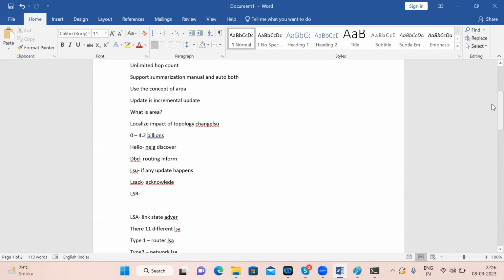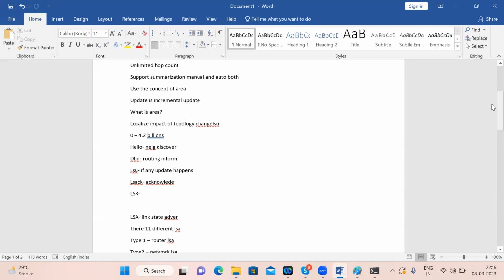The first five are very important to understand. Type 7 is also important, but not in every case do we use NSSA.